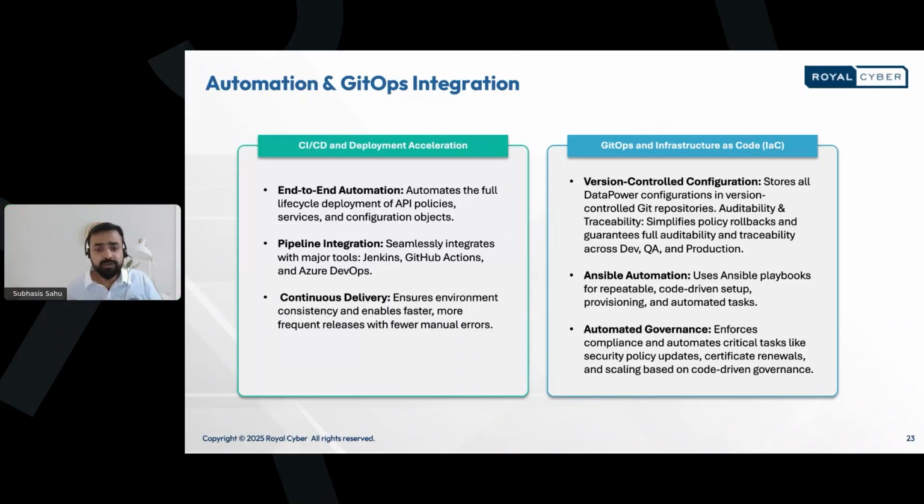DataPower configuration can be fully automated from policy updates to service deployment, and it integrates perfectly with any of the major pipelines like Jenkins, GitHub, or even Azure DevOps. With GitOps and IaC, that is infrastructure as code, DataPower fully embraces GitOps, treating DataPower configuration just as infrastructure as code. All configurations live in version controlled Git repositories.